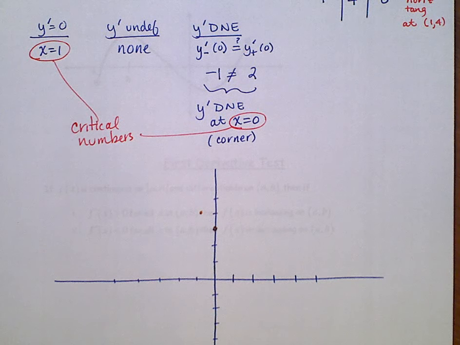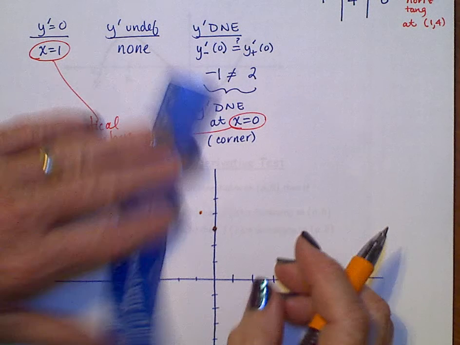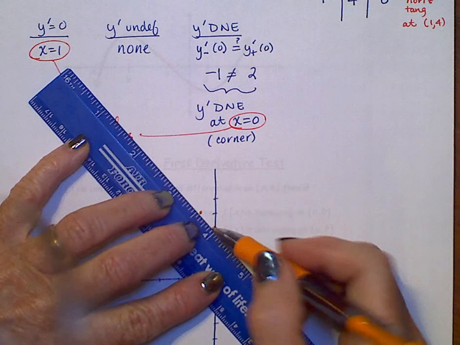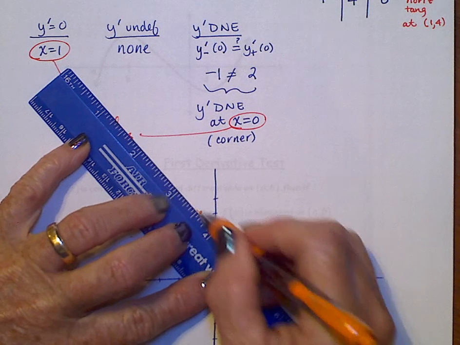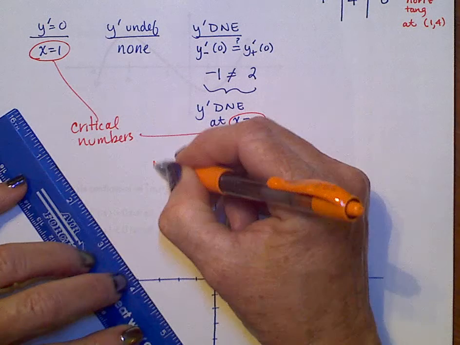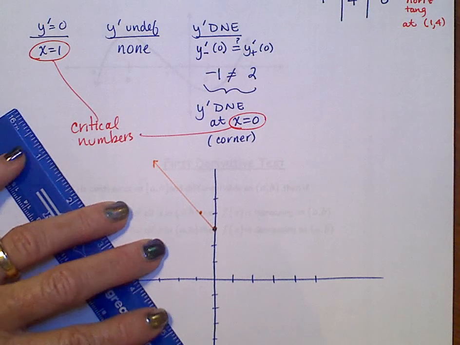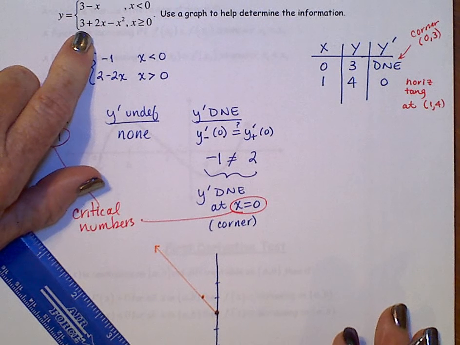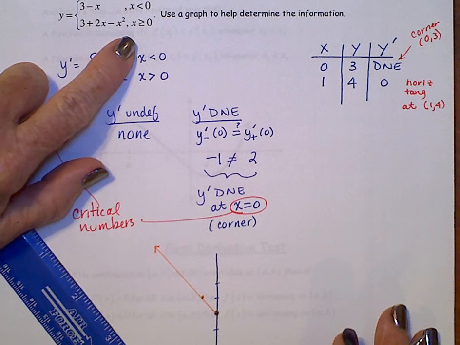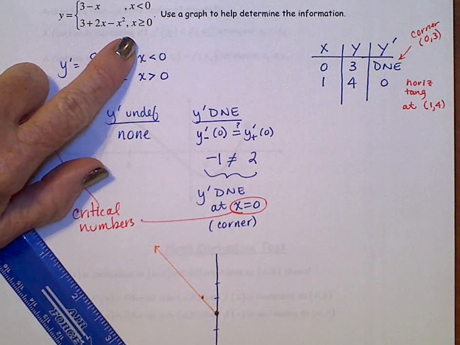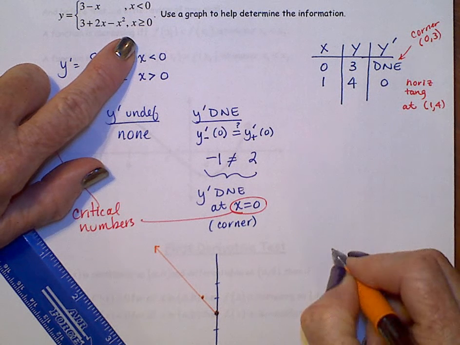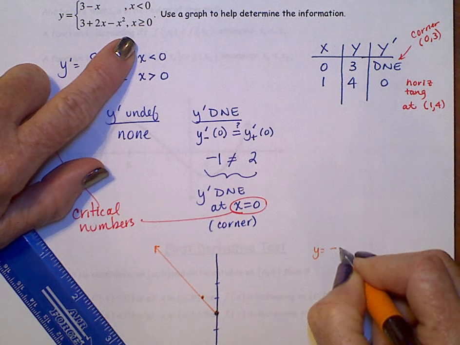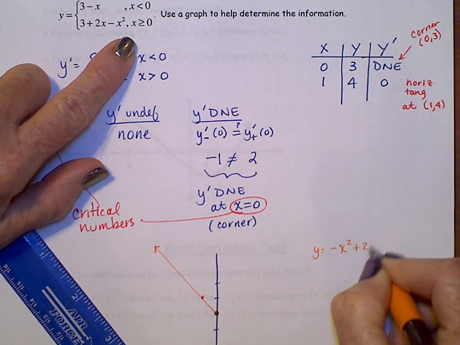Okay, now to graph this, 3 plus 2x minus x squared. I'm going to rewrite it. Y equals -x squared plus 2x plus 3.